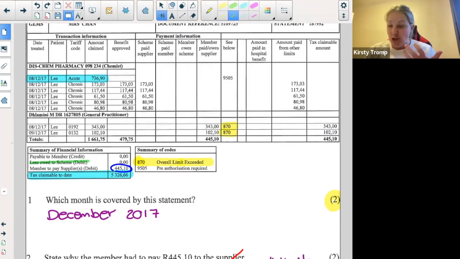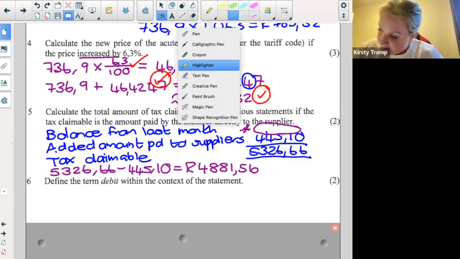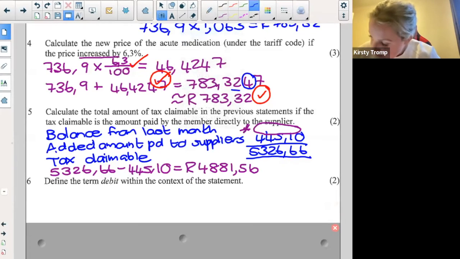Does it make sense when I say to you guys that if a figure is in debit, it means that Mrs. Chang owes money to the scheme, because it says owed to scheme? So we're going to say, define the term debit. Mrs.